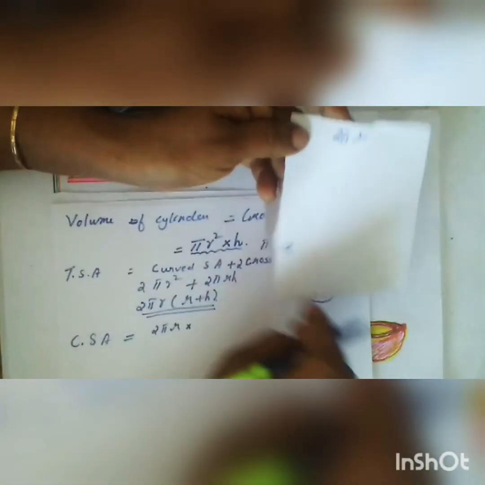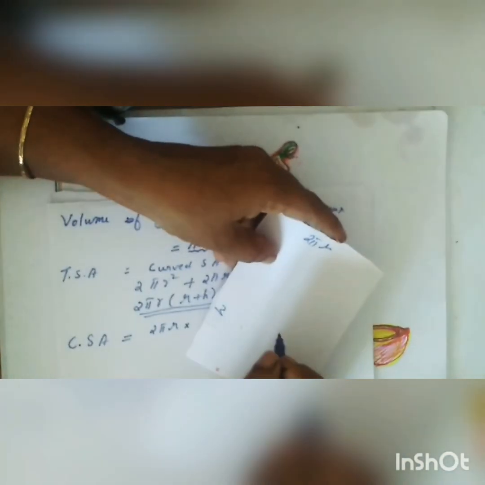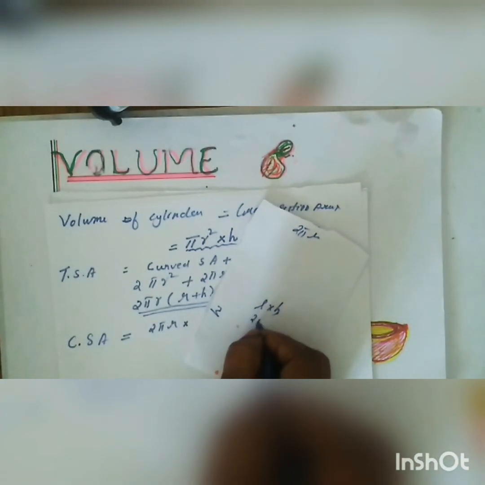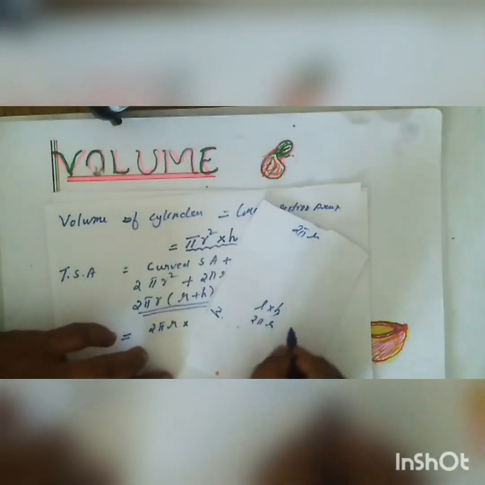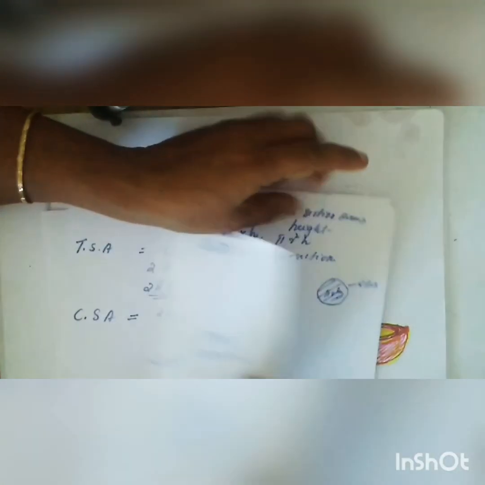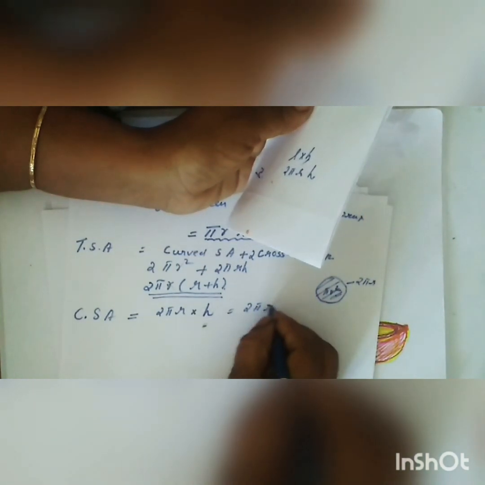Therefore this is like a rectangle. Area of rectangle is equal to L into B, that is 2 pi r into h. Therefore we get the formula 2 pi r h.